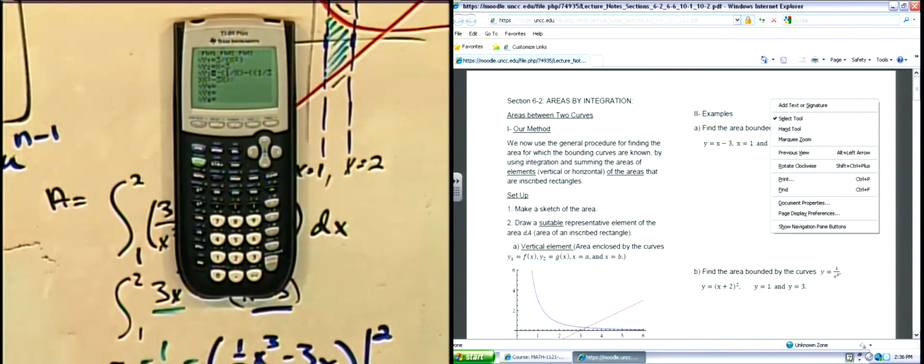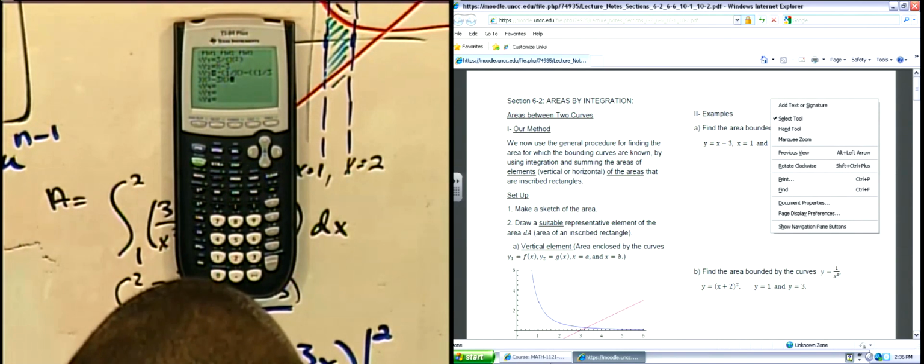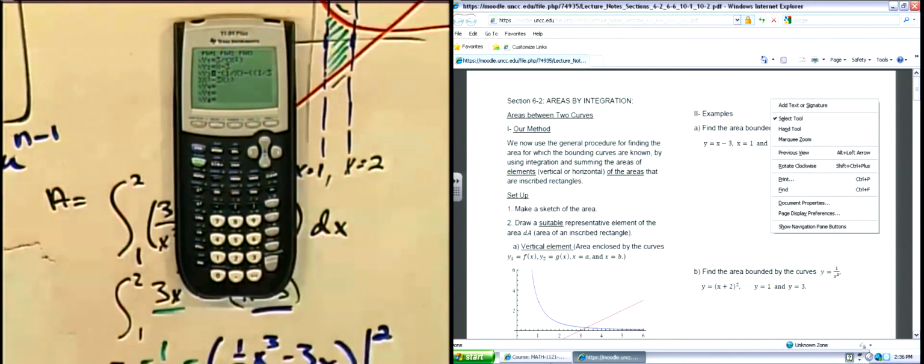Negative 1 over x minus 1 over 3x cubed minus 3x. Graph it. Error.